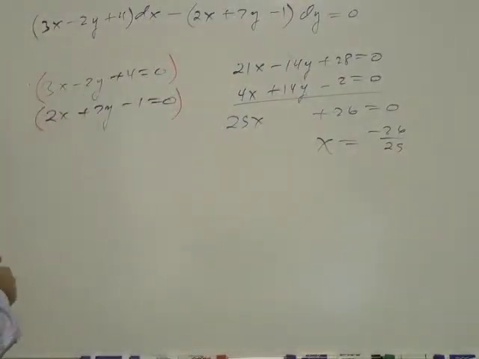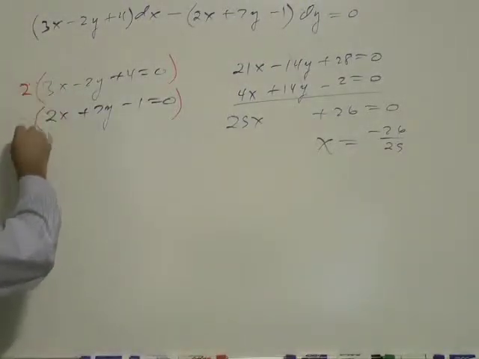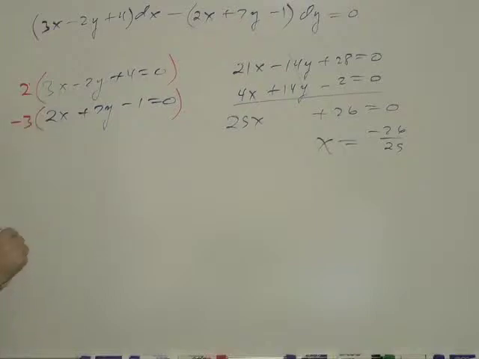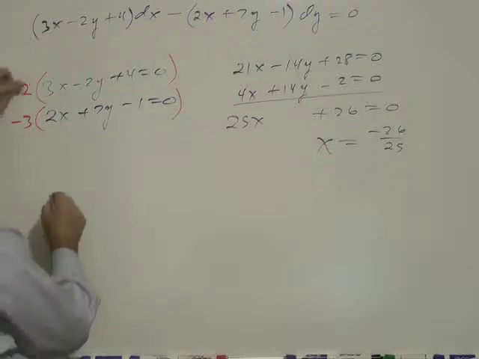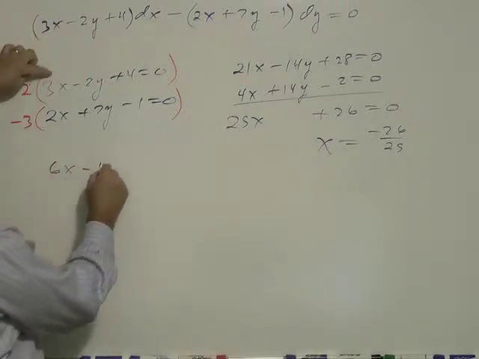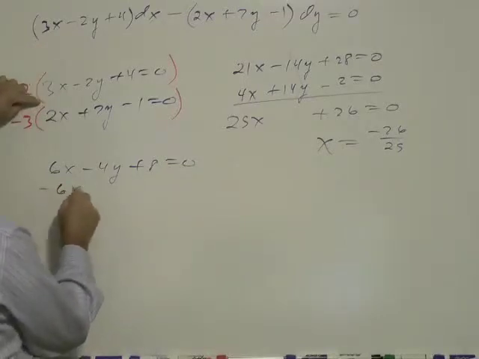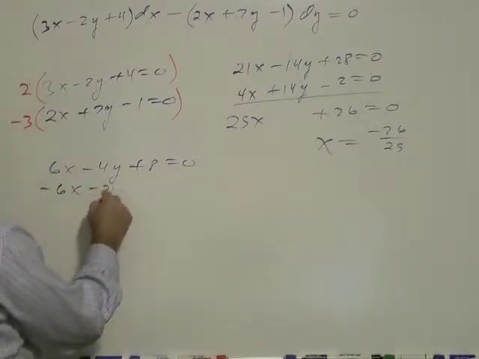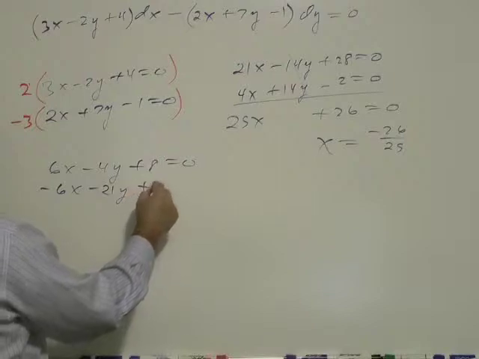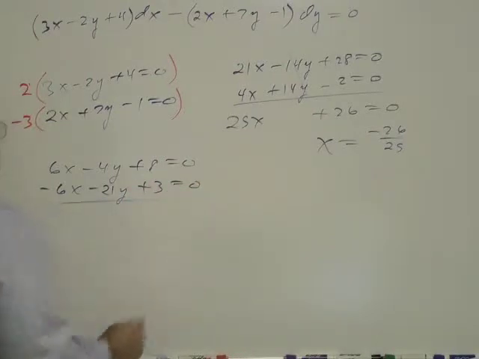With 3 and 2, I want to multiply this equation by 2, and this one by negative 3 to get opposite signs. So we'll have 6x minus 4y plus 8 equals 0, and negative 6x minus 21y plus 3 equals 0.